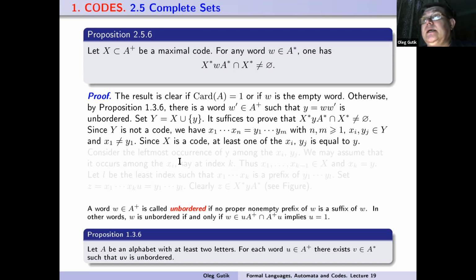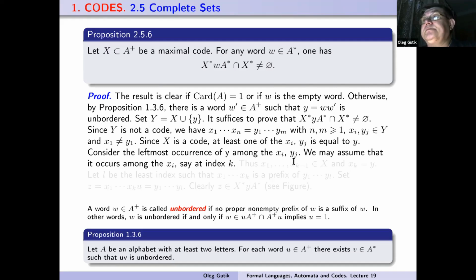Since the set X is a code, at least one of the xi, yj is equal to y. Consider the leftmost occurrence of the word y among the xi, yj. We may assume that it occurs among the xi, say at index k. Therefore, x1 ... x(k-1) belongs to X, and xk is equal to y.